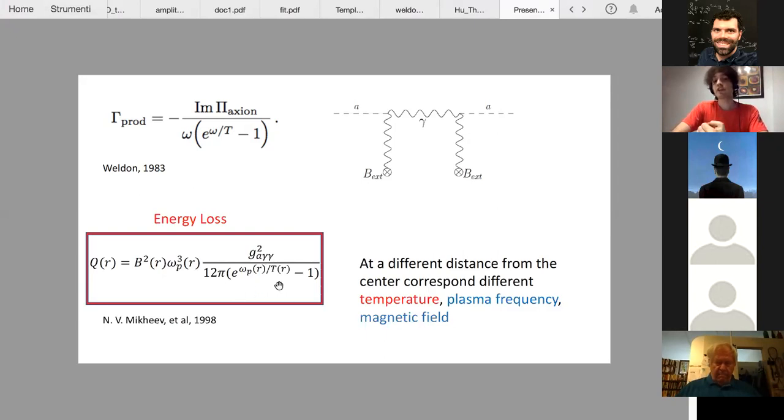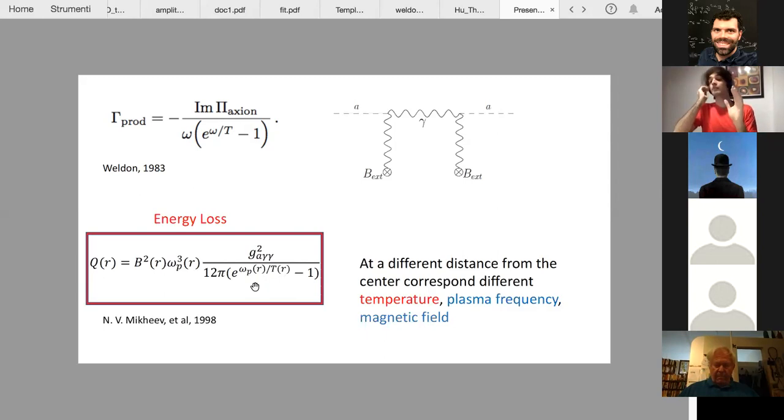And then you have this very important omega plasma squared, cube, sorry. And then you have this Bose-Einstein statistical factor, e to the omega plasma over T, the temperature at a given radius, and the plasma frequency at a given radius. And this essentially is setting the population of the plasma. And this is very important.